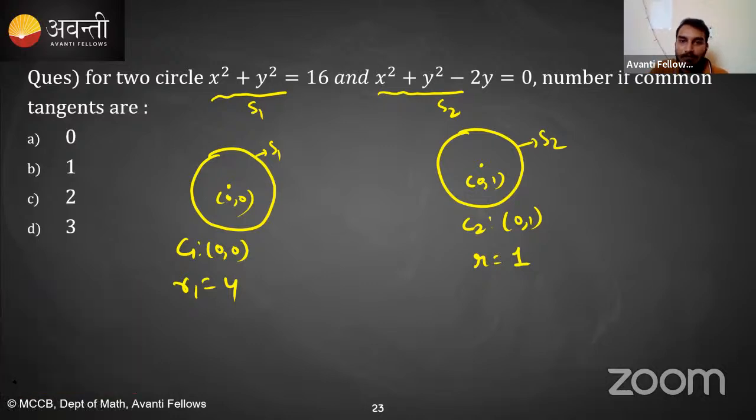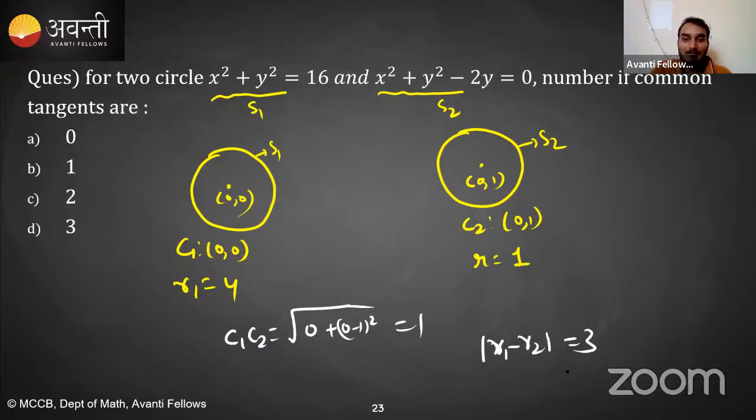So far clear? What is C1, C2? C1, C2 is nothing but the square root of 0 plus 0 minus 1 whole square, which is 1. So C1, C2 is 1. And what is mod R1 minus R2? Mod R1 minus R2 is 4 minus 1, 3. So what you can see here, C1, C2 is less than mod R1 minus R2. So this is nothing but the fifth case.